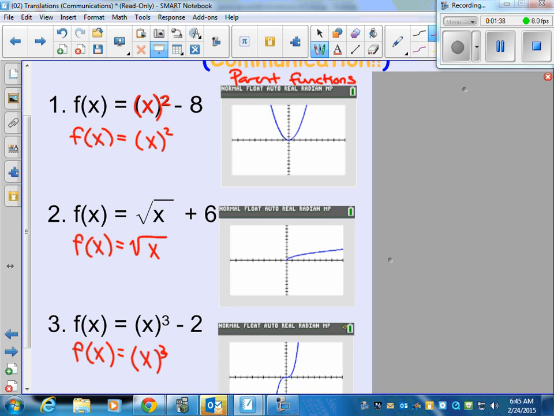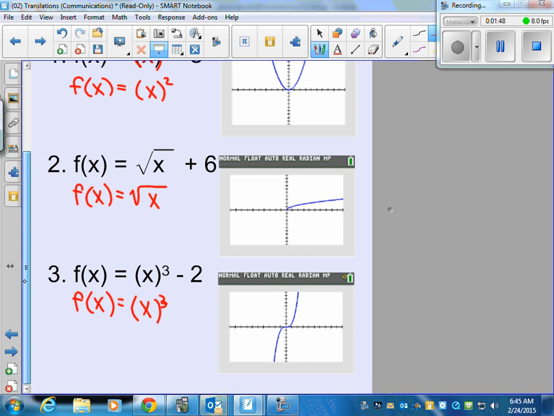The parent function of x squared is a U-shaped parabola. The parent function of the square root graph starts at 0 and works off to the right-hand side. And the parent function of x cubed, we call this a snake graph, as it comes up from the negative values, levels out at x equals 0, and then increases from that point on.